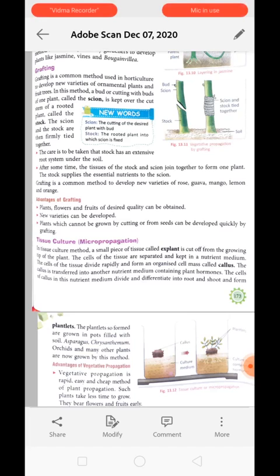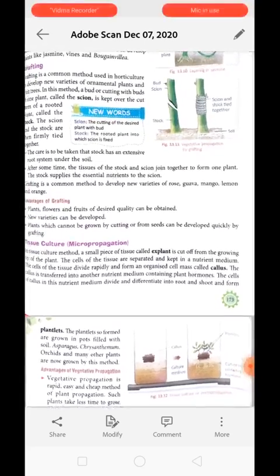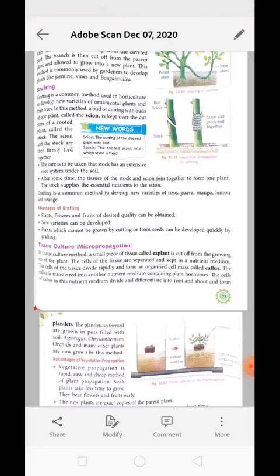So when many cells of one type get collected together to perform a single function or a similar kind of function, they are termed as tissue. So in tissue culture, we are using a tissue. A small piece of tissue called an explant is cut off from the growing tip of the plant.